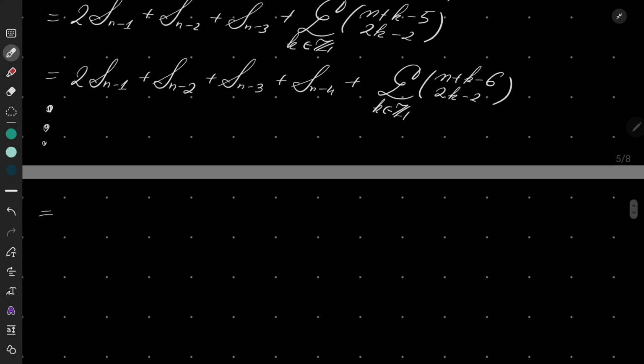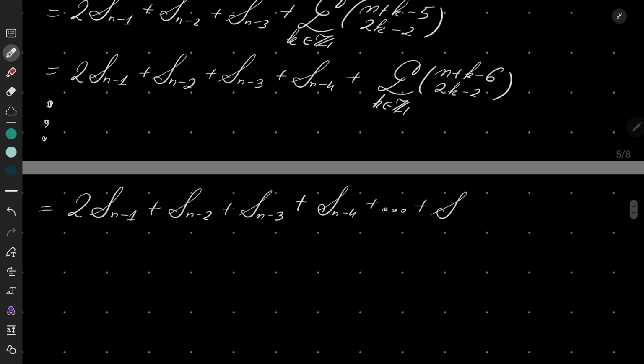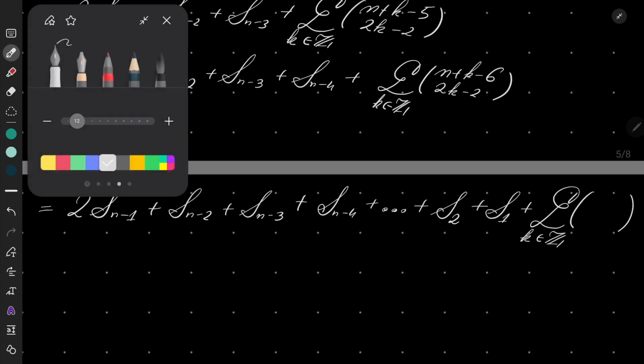In the end, my recursion will go back right to the beginning. I will have that, and so on. And I will finally have what exactly? S, let's say S of 2, and I will have S of 1. And finally, I will have a sum which goes over all the integers of what exactly? Well, how to know it?